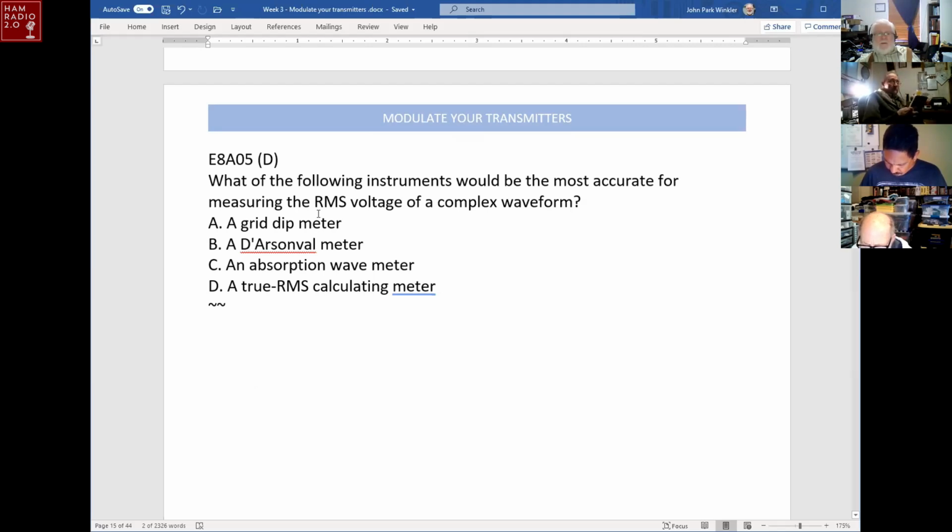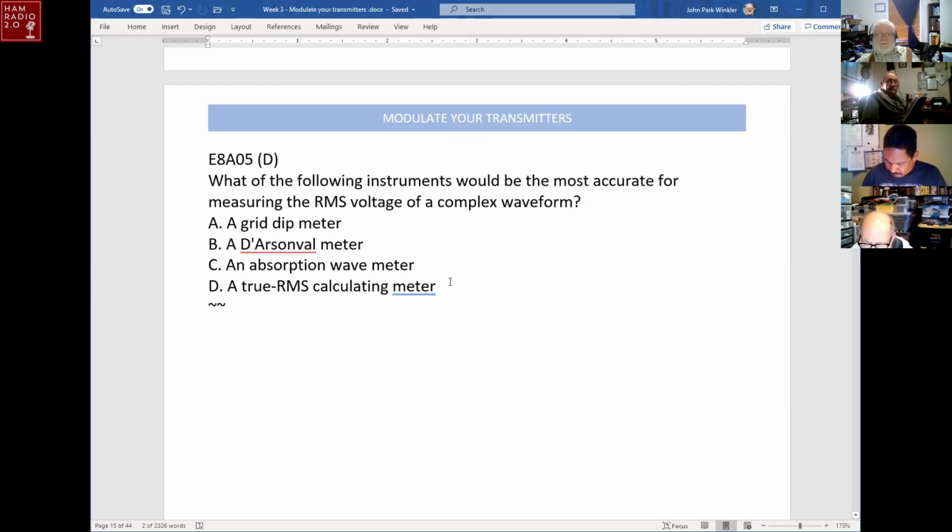A grid dip meter measures resonance in a coil. The D'Arsonval meter is your old-fashioned coil and a magnet meter that everybody used to have. I don't know what an absorption wave meter does, but the answer to this is D, a true RMS calculating meter.